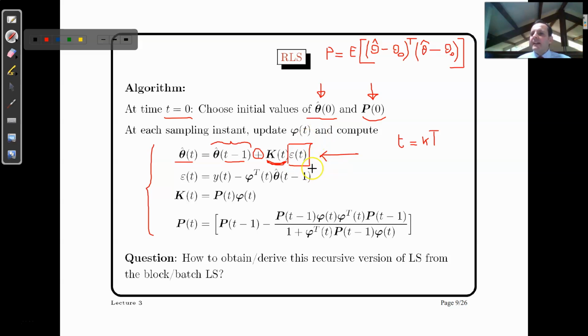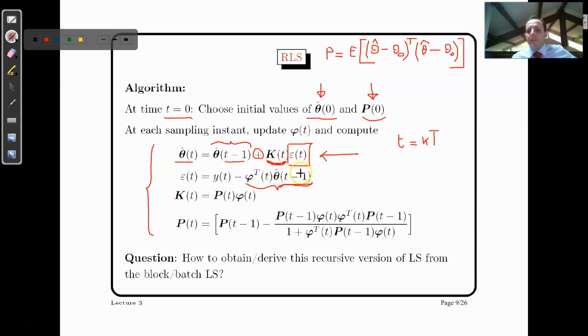You can see very easily that if epsilon is 0, it means that your model at the current time is equal to the real value of the output. So if epsilon is 0, this equation says that you don't need to change anything, of course.